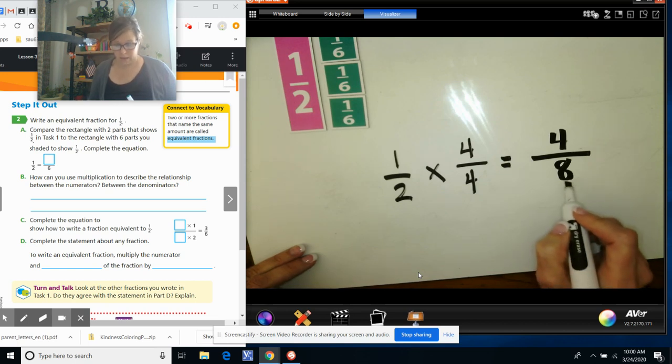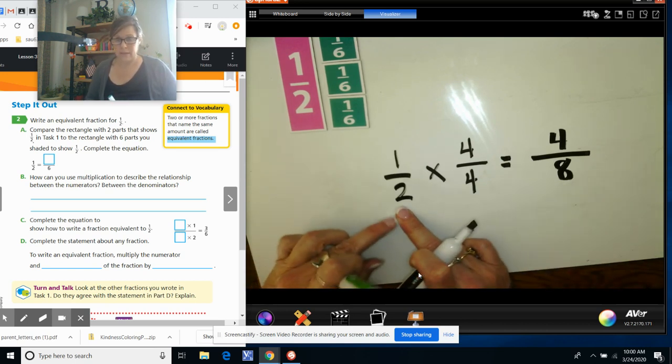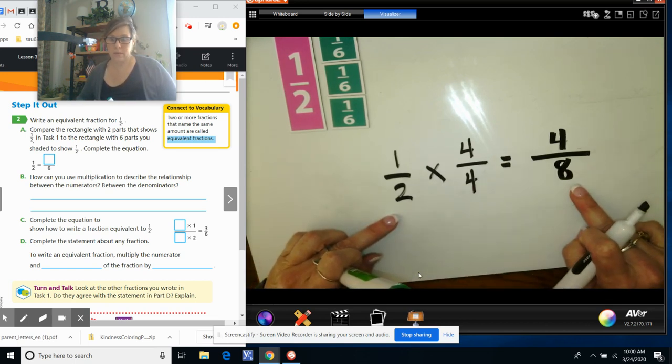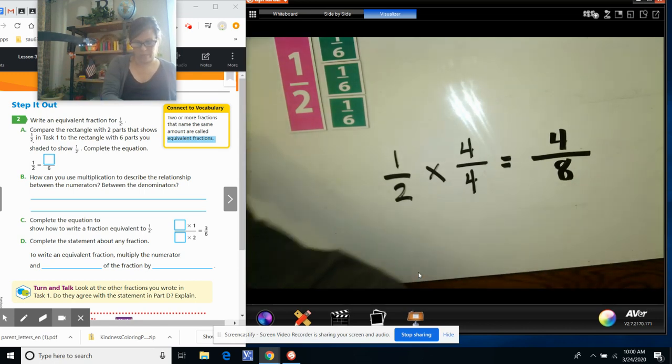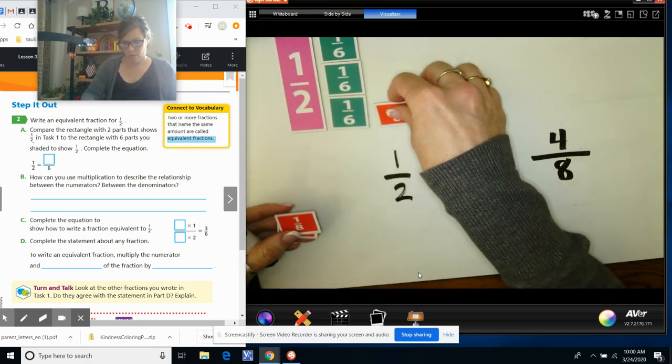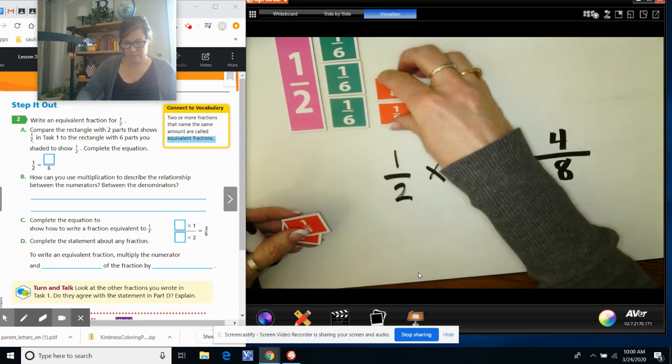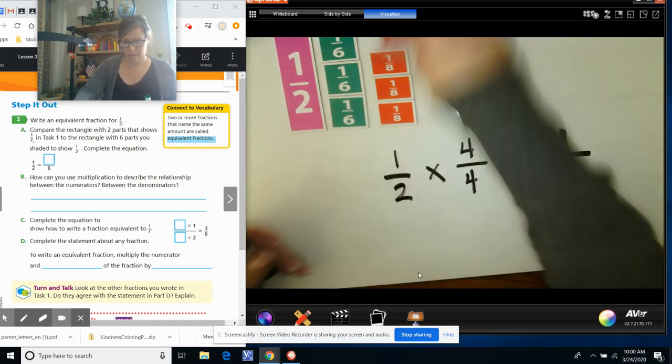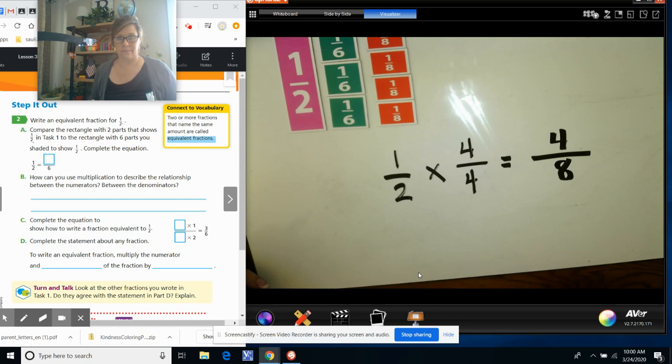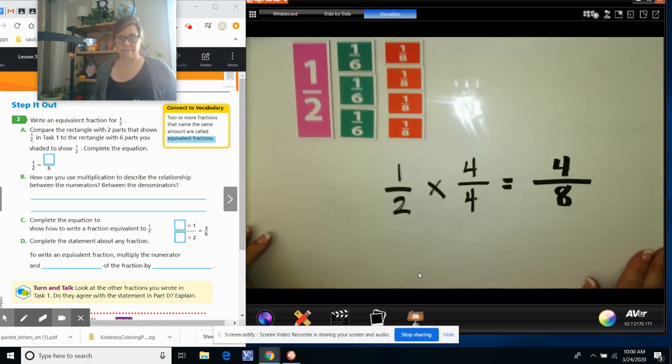So this is telling me that 1/2 is equal to 4/8. Let's check that out. 4/8. 1, 2, 3, 4. It's equal. Can you see that?